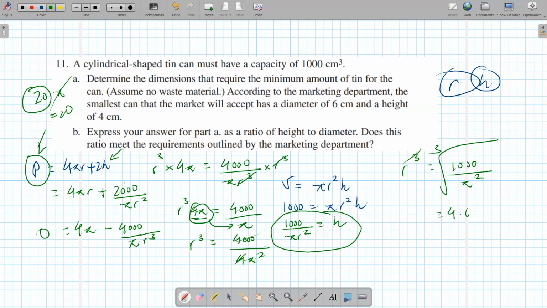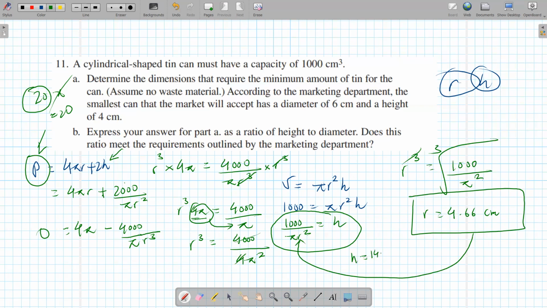The radius has to be 4.66 cm. There you go. And then you can plug this over here to find what h is. So 1000 divided by pi times 4.66 squared. And that gives you h as 14.64 centimeters. Cool?